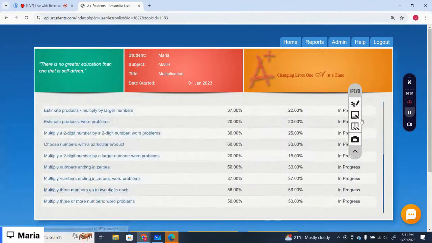The next lesson is multiply three numbers up to two digits each.